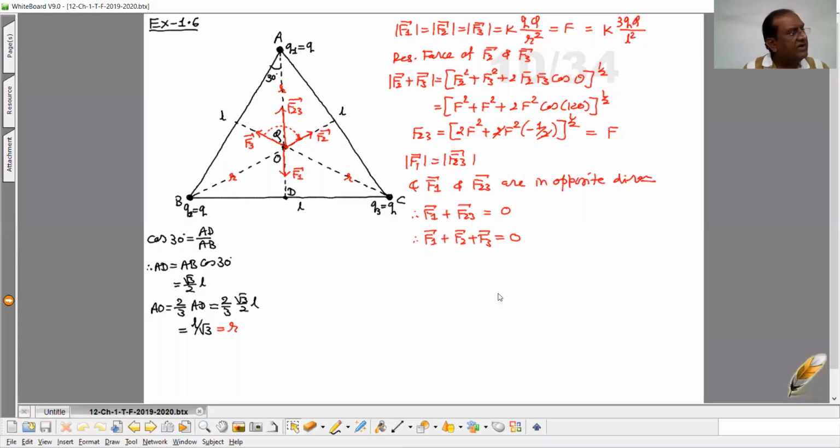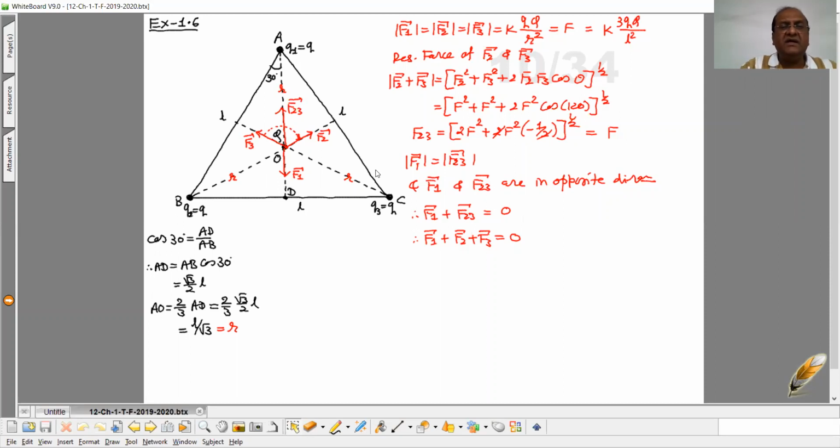Now example 1.6. Consider three charges Q1, Q2, Q3, each equal to q, at the vertices of an equilateral triangle of side L. What is the force on a charge Q with the same sign as small q placed at the centroid of the triangle, as shown in the figure? Now see here.